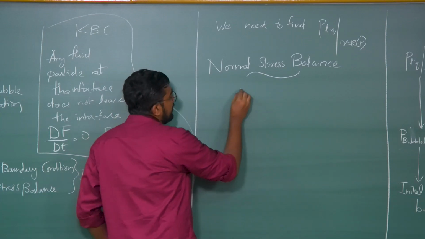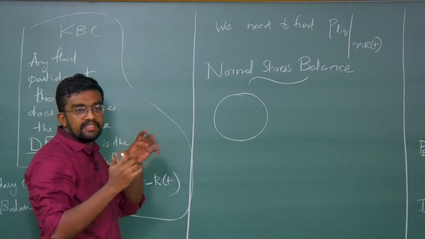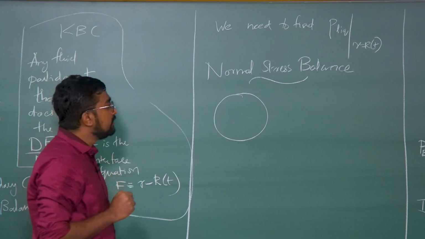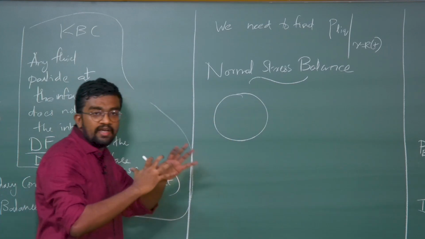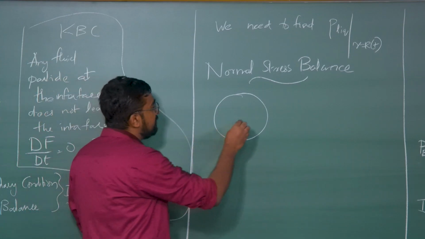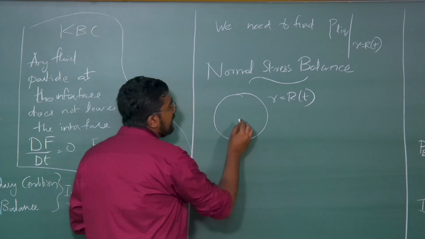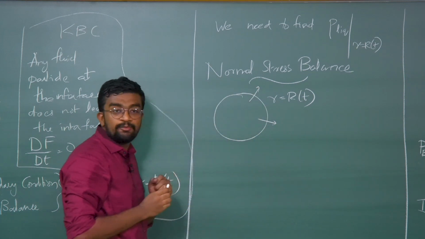So, we know that the interface only changes the radius. There is no interface deformation on the surface. This allows us to do the normal stress balance along the interface, knowing the interface equation R of t. We know that the normal component everywhere at the interface is what?